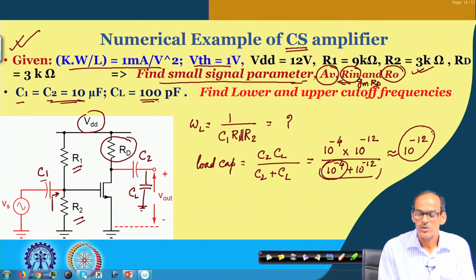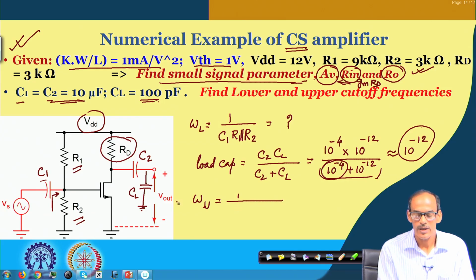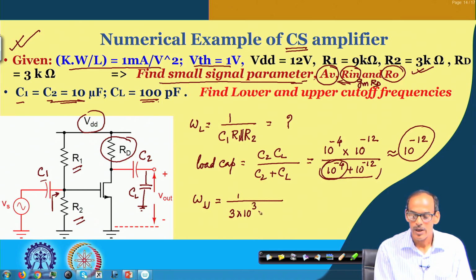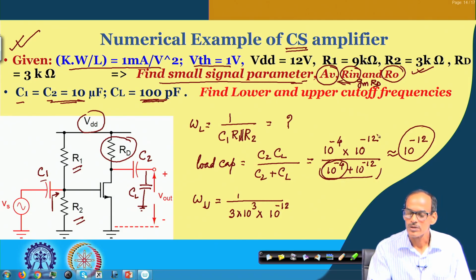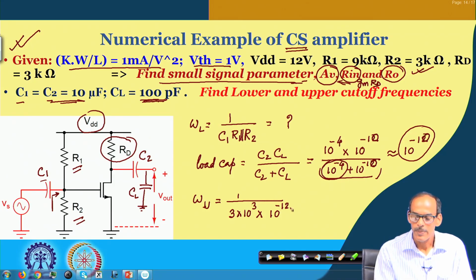And so the upper cutoff frequency omega u is equal to 1 by CL and R d, and R d is given to us as 3 k, 3 into 10 to the power 3, and CL is 100 pico, so 10 to the power 10.